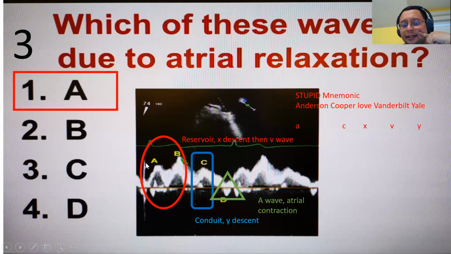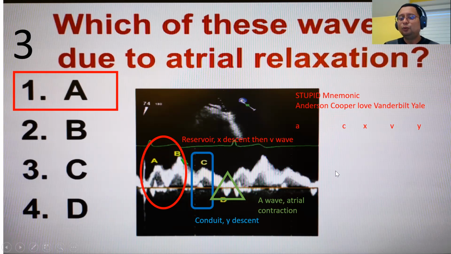X is at early systole, which is called X descent, when the atrium is relaxing and starts receiving blood from the pulmonary vein. So atrial contraction is end diastole. C wave is early systole. X descent is also early systole, when the atrium is relaxing and starts to receive blood from the pulmonary vein.